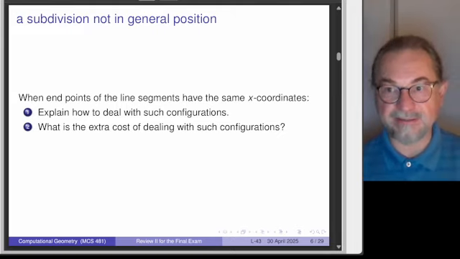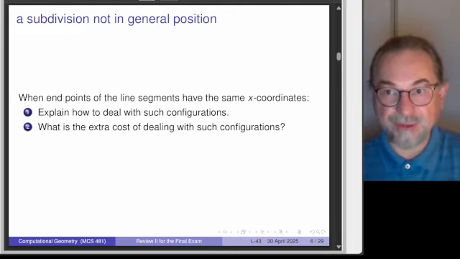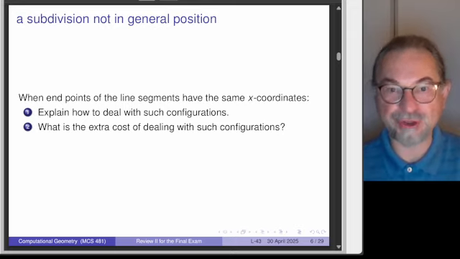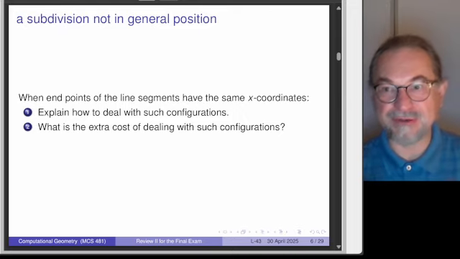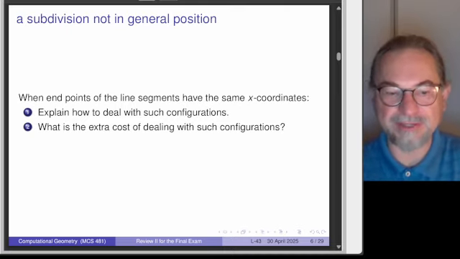The point is that in any trapezoidal map, a trapezoid has at most 4 neighbors, except if the points are not in general position. So, can we somehow do something?